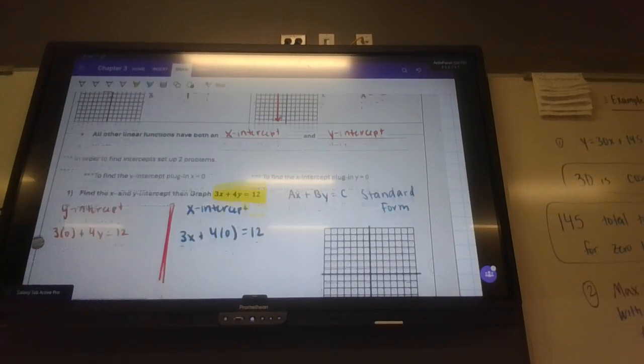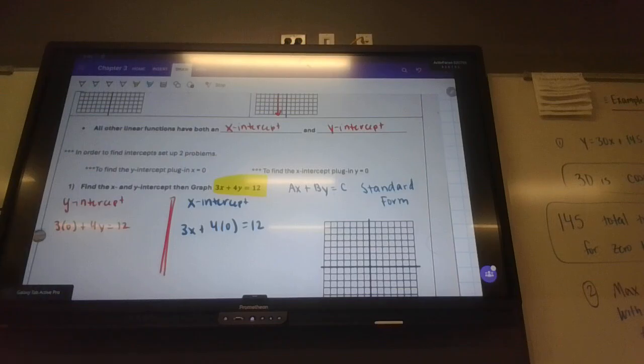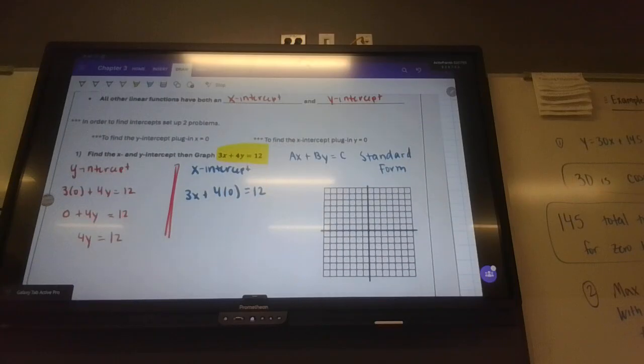So when we plug in 0, 3 times 0 is 0. And then you drop the 0 and you just have 4y equals 12. And then you have y equals 3.